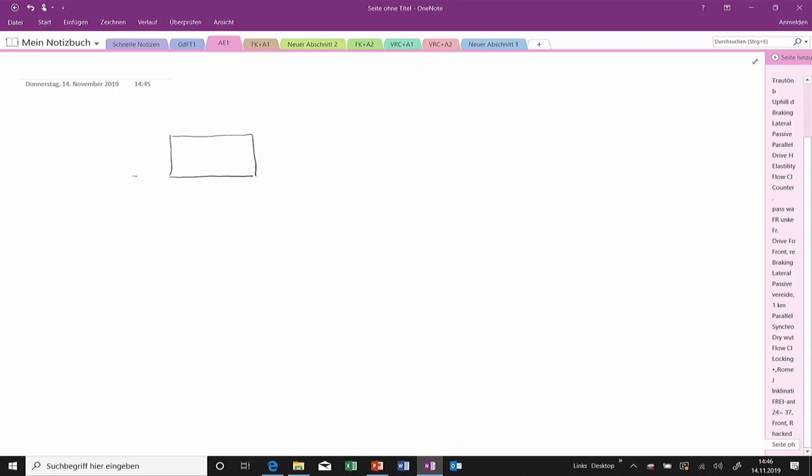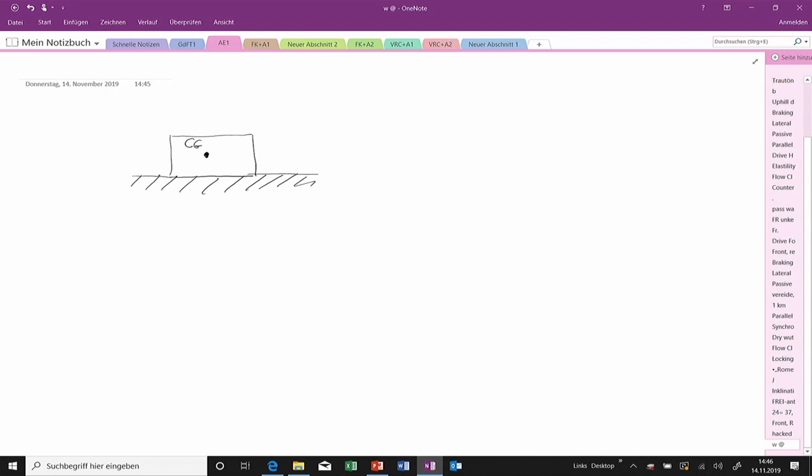I make it pretty simple, so there are no wheels visible. This is the ground, and the box on top is the car seen from behind. There might be a center of gravity somewhere here. And the car is going into a left-hand curve.